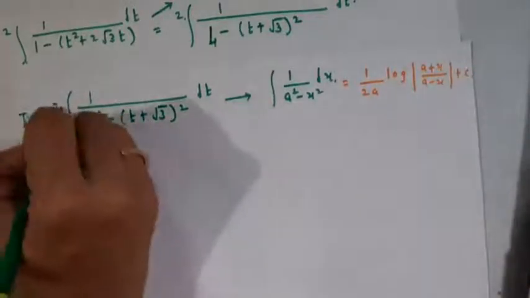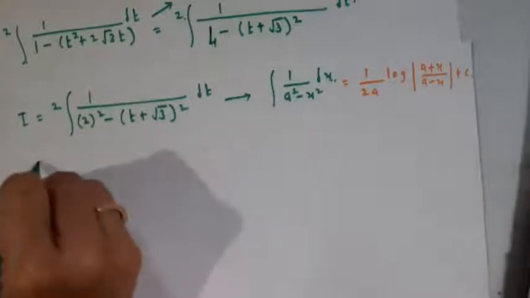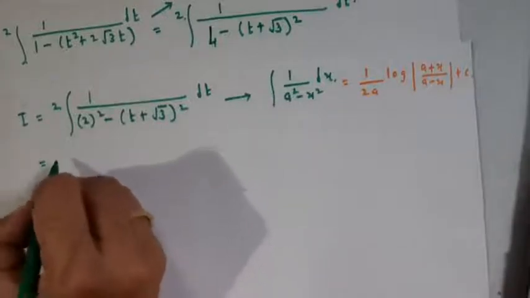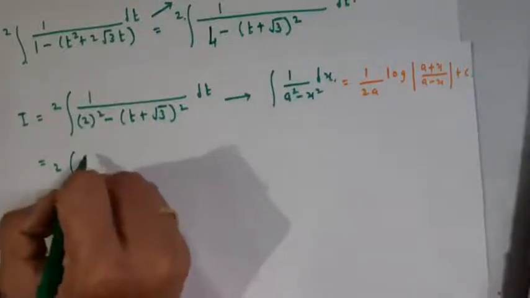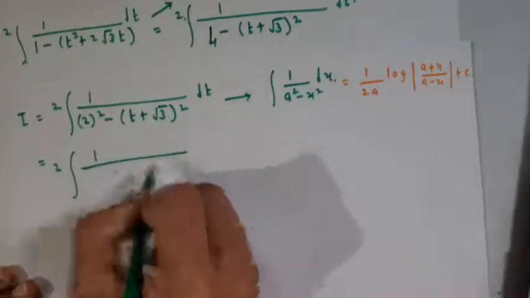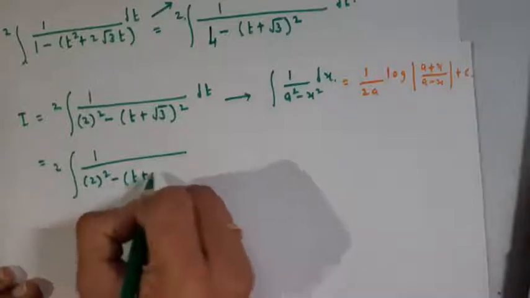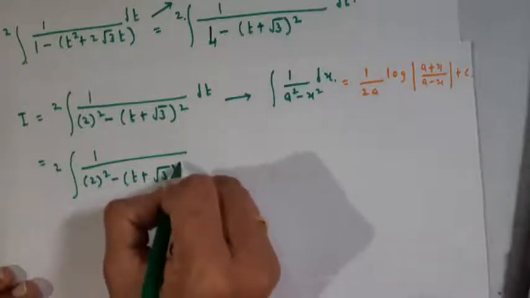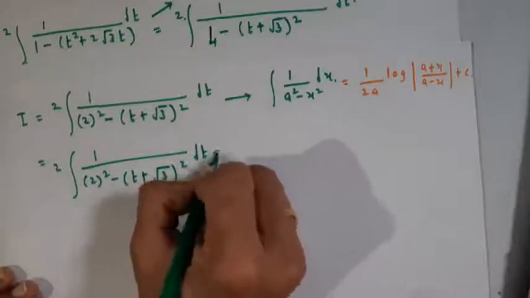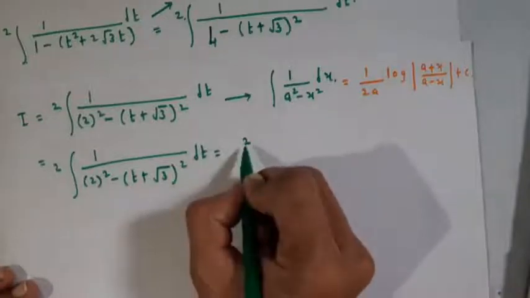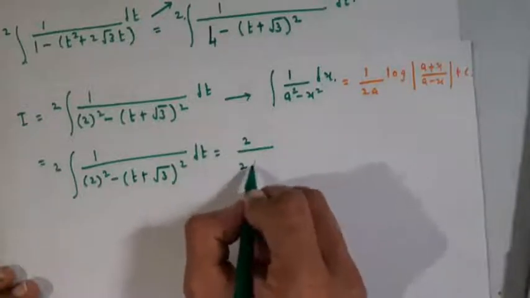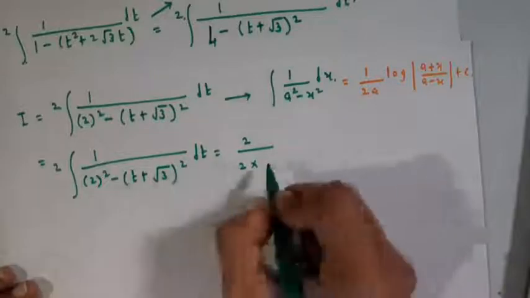Plus constant of integration c. Okay students, the 2 is missing here. So now 2 into the integration of 1 upon 2 square minus t plus root 3 whole square with respect to t. This 2 stays as it is, 1 upon 2a means 2 into a. The value of a is 2.